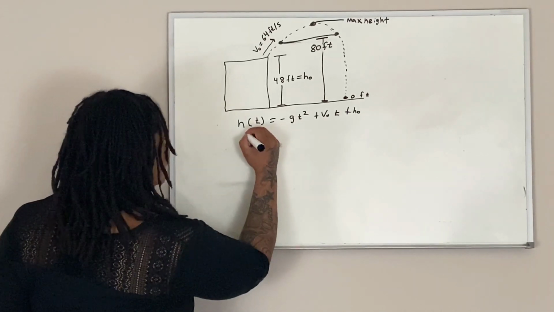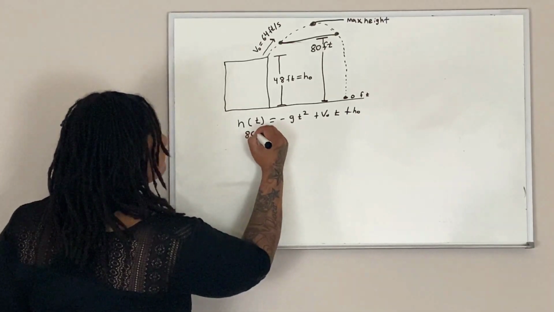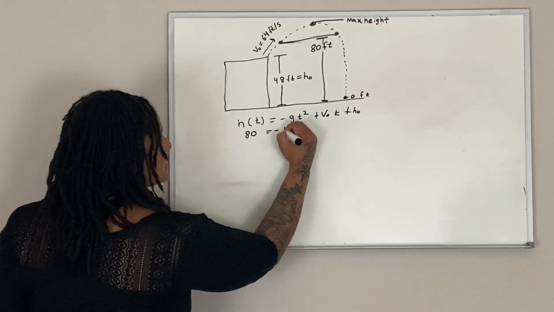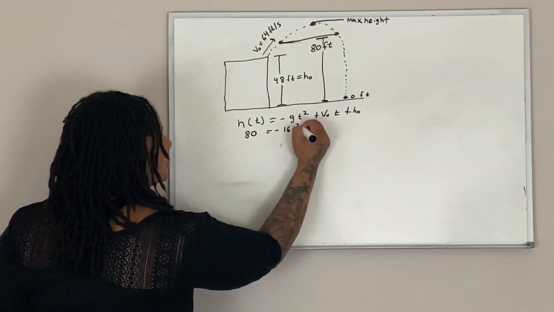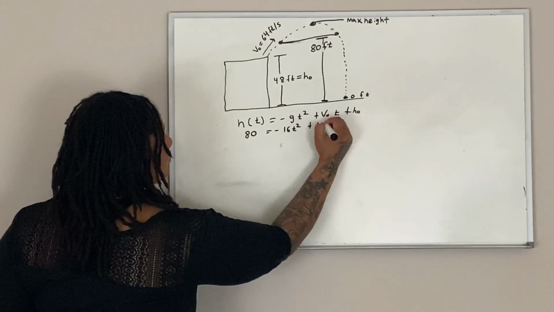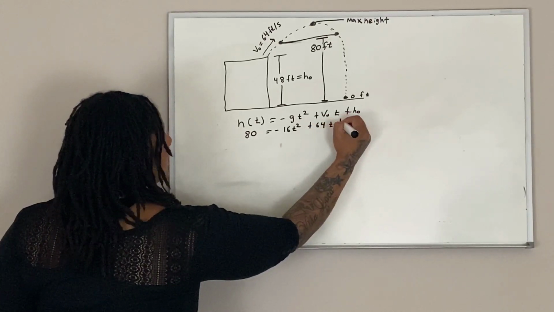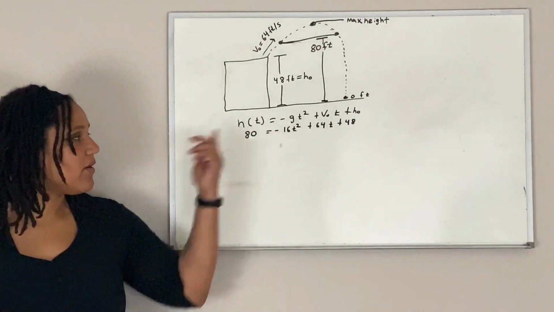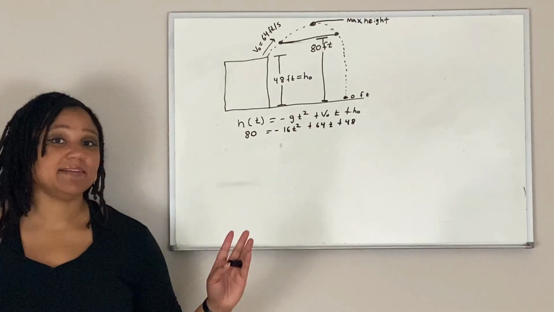Okay, so if I have 80, I'm going to put in 80 is equal to negative 16t squared plus 64t plus 48, okay? So now I'm just going to solve for t.